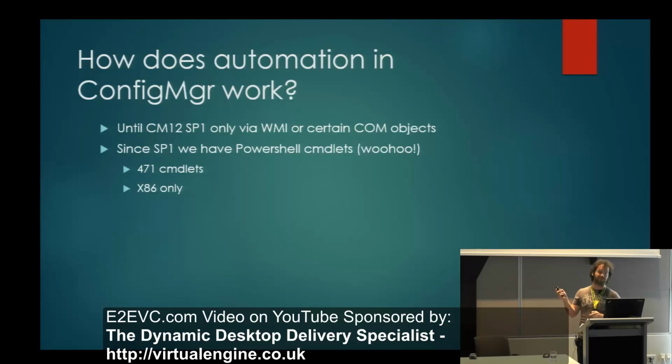So if you have a script which does things in Config Manager and in App-V at the same time, you have to always switch between bitness. So I don't know why Microsoft doesn't just do one bitness or both. Or maybe I just don't understand because I'm not a developer.